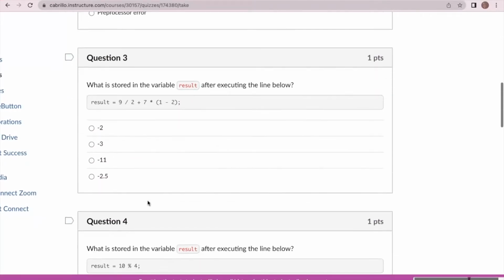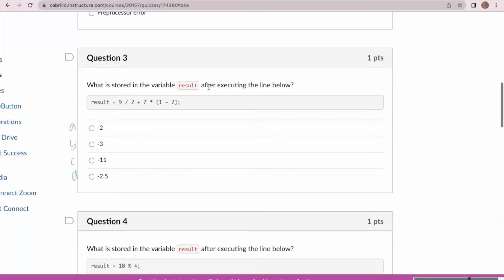All right. What is the value stored in result after executing the line below? And Steve does like putting questions similar to this on exams, so good to get some practice with them. All right, one person says D and another one says B. So let's take a look at this.